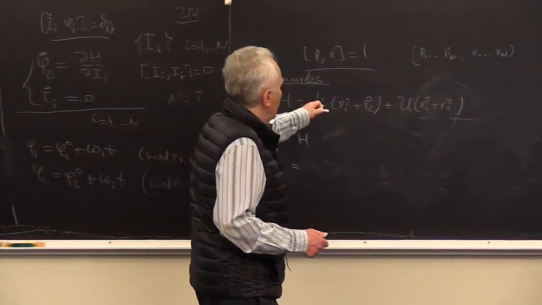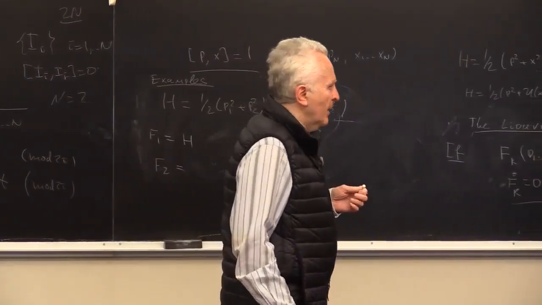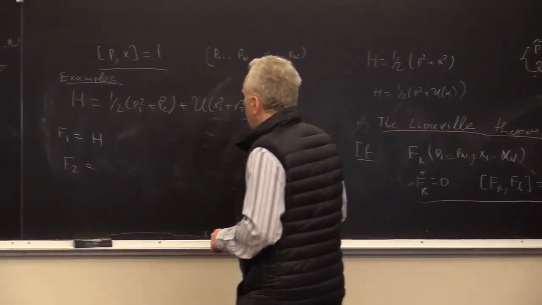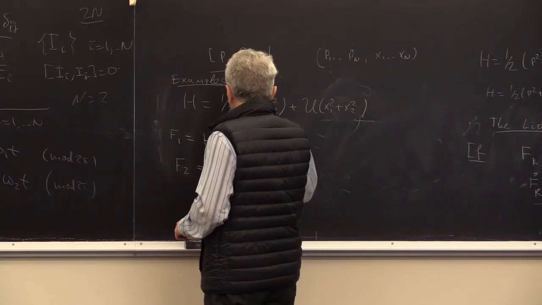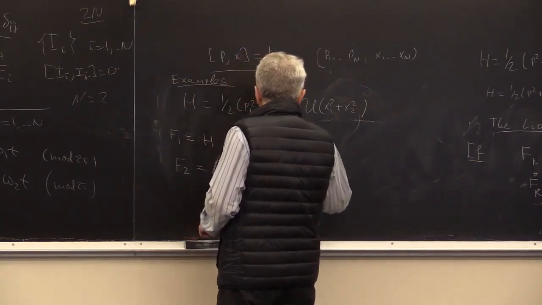What kind of symmetries, as conserved quantities, do we have here? Things like angular momentum, which we called L, and which is P1 x2 minus P2 x1.